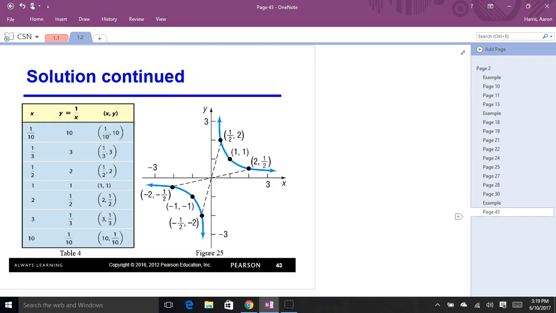And here's a much better look at that once you plug in x values and it spits out your y values. Notice 2 comma half, since it's symmetric about the origin, you'll have negative 2 comma negative 1/2, and so on. So x, y will switch to negative x, negative y.